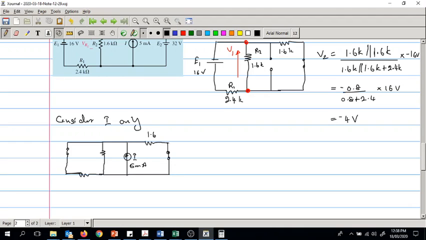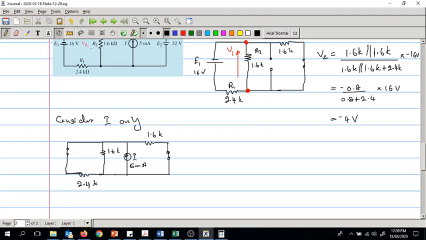So 1.6k, and this is also 1.6k, and this is not there, and this is 2.4k. Now we will have to find the voltage across the 1.6k resistor.